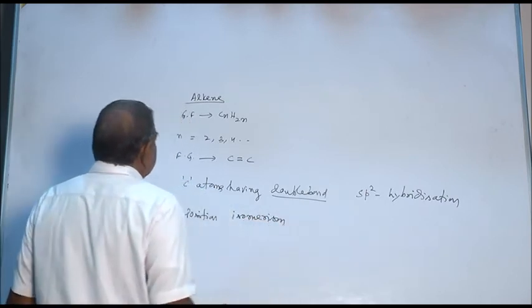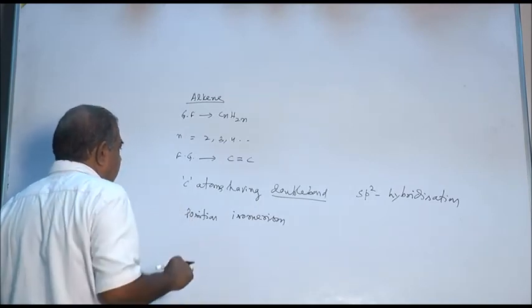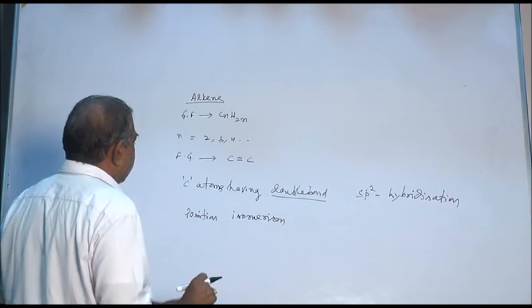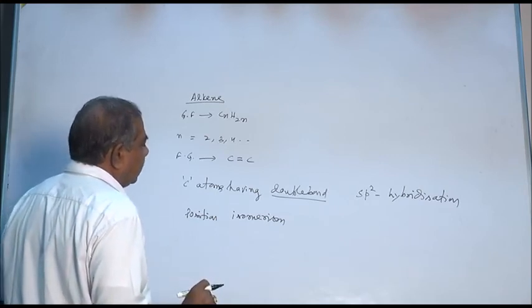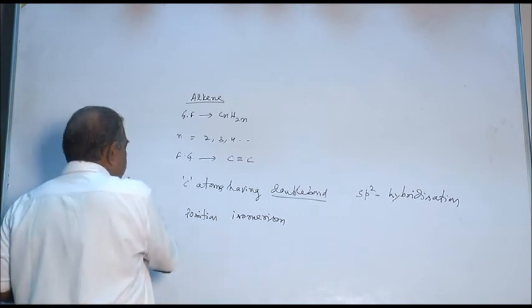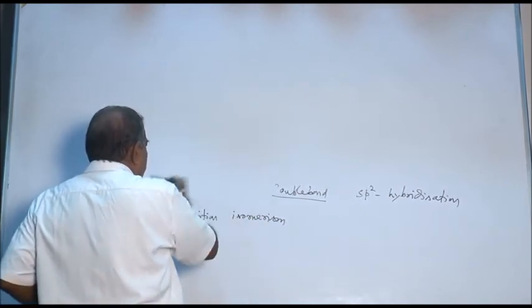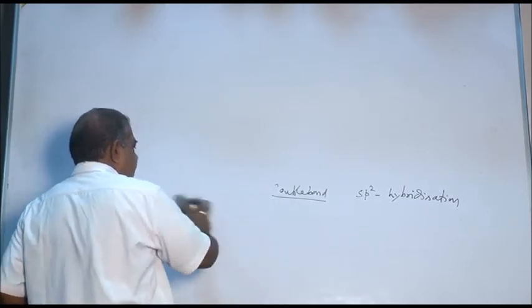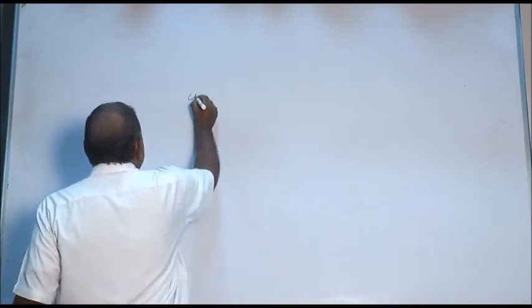So alkene general formula CnH2n, n value will start with minimum 2 carbon atoms. Functional group is carbon-carbon double bond. Carbon atoms having double bond will undergo sp2 hybridization and it exhibits position isomerism. Though I am going to discuss the general methods of preparation, my emphasis will be on ethene.